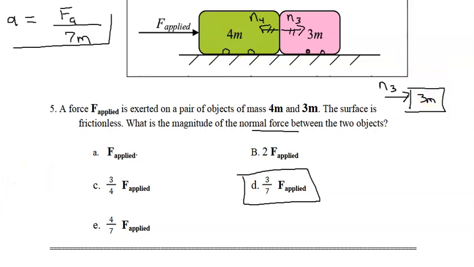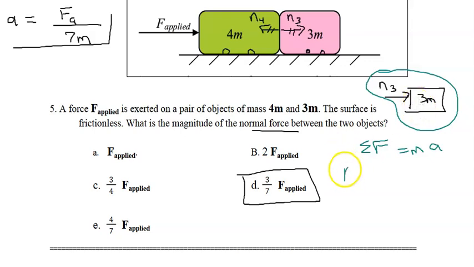So it's much easier to look at the 3m because the only force acting on it is the one that we care about. So if we apply Newton's second law to only this, define this as our system, then the internal normal equals m of our system, which is just 3m, times a, which is the applied force over 7m.